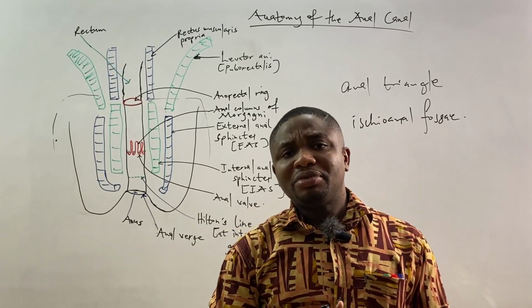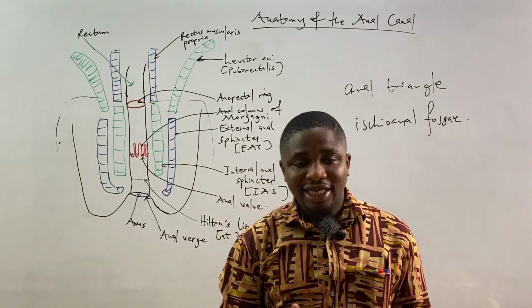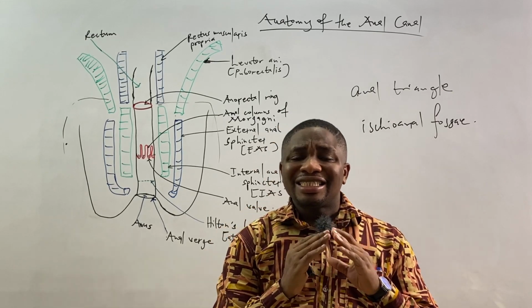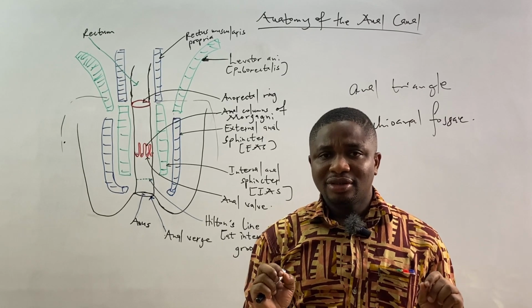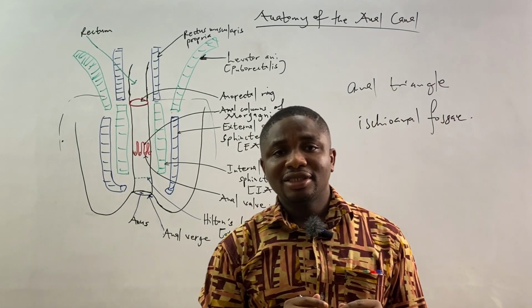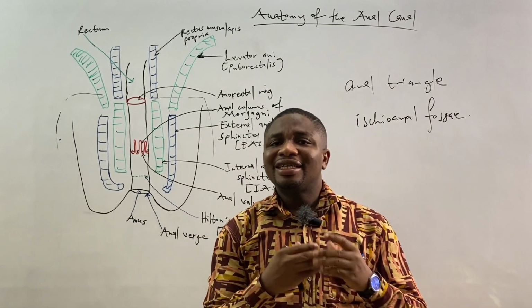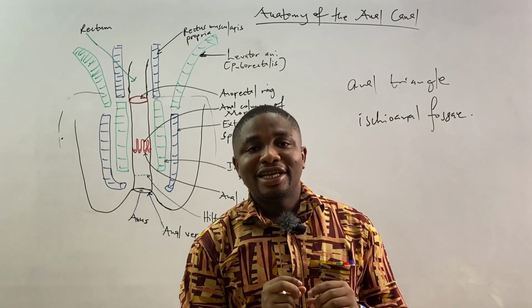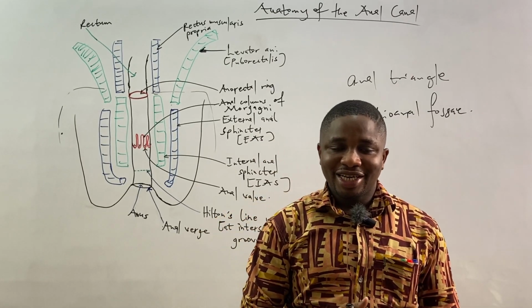One thing you have to know again is that, with the exception of defecation, the anal canal is collapsed by the internal and external anal sphincters to prevent the passage of fecal material. That is how the anal canal ensures that there is no fecal incontinence. I hope you get that.